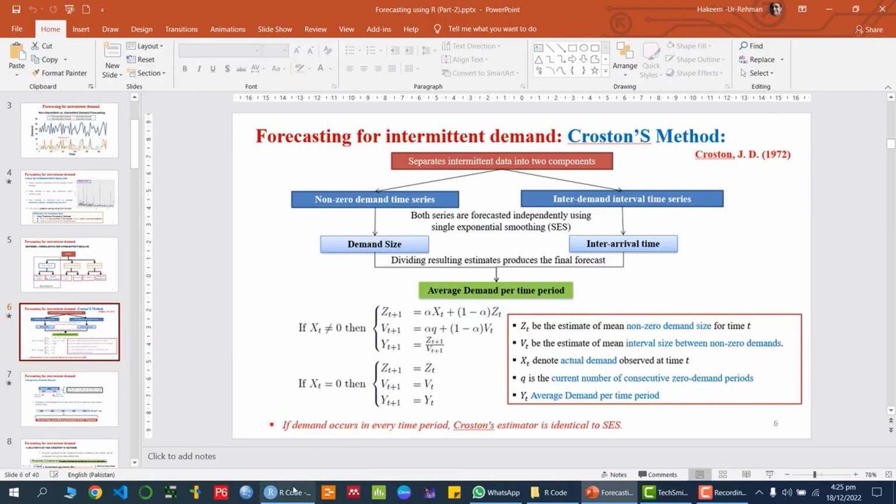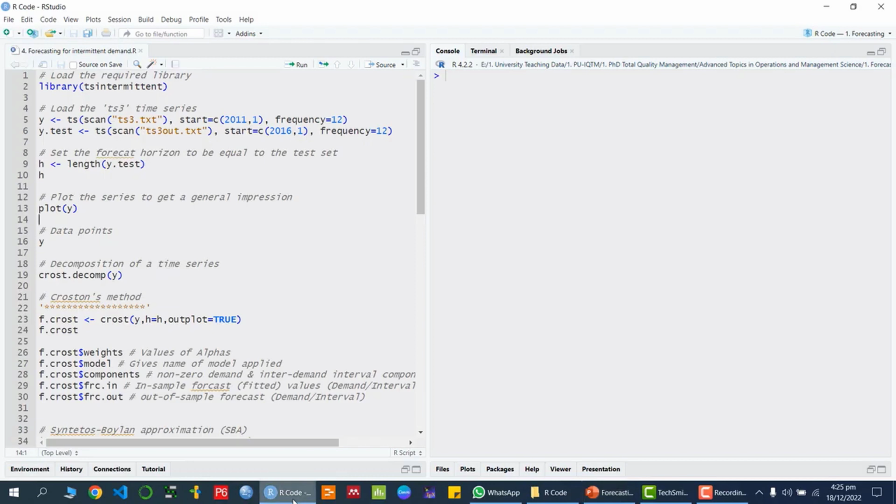Let me open R, and for this we need a library called tsintermittent, that is, time series intermittent. I have already installed it. I am running this package, and then reading a file called ts3.txt, in which we have a data set.